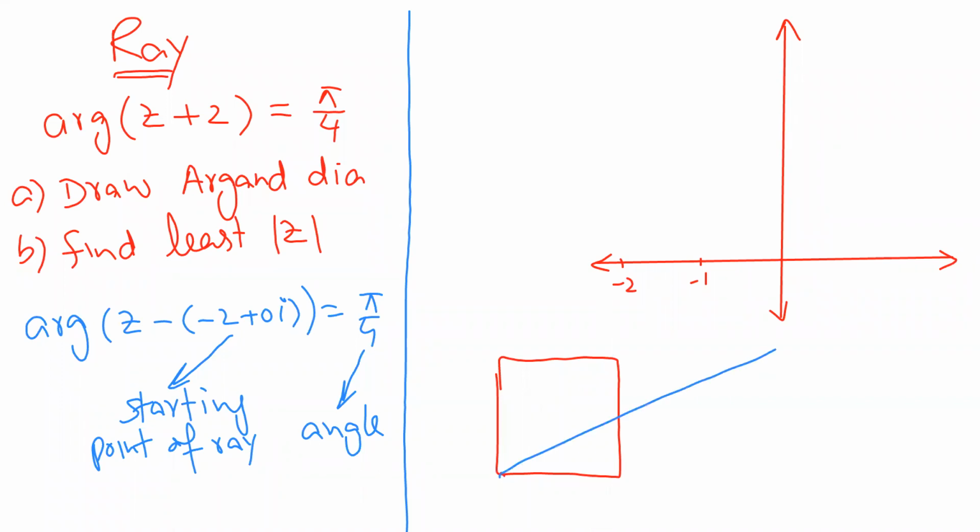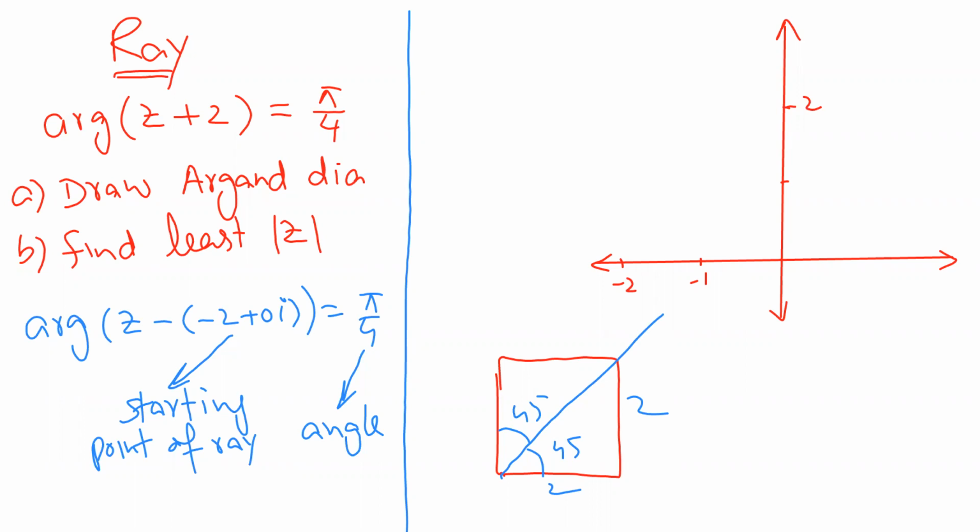It must not pass from here or here. 100% it will pass through this point if it has an angle of 45 degrees, because half the angle is up and half is down, and pi by 4 is 45 degrees. If this gap is 5 units, this gap is 100% 5 units. If this gap is 2 units, this is confirmed 2 units. So this point is 2.